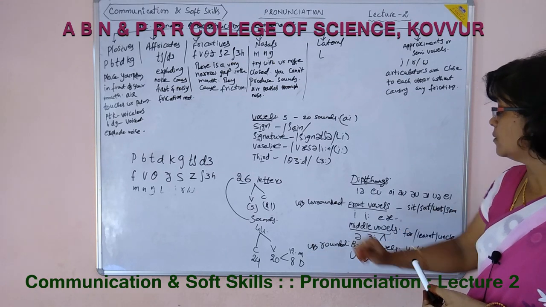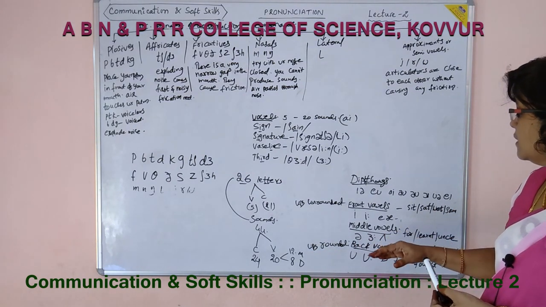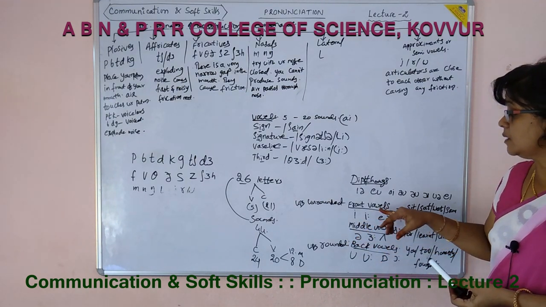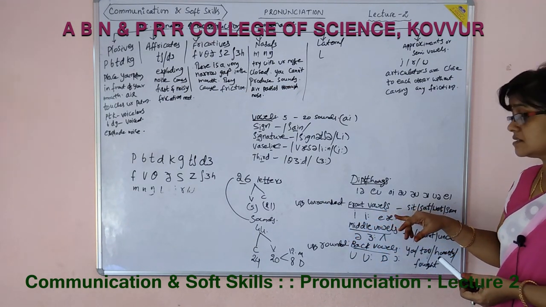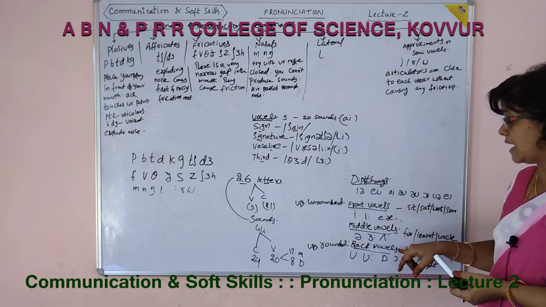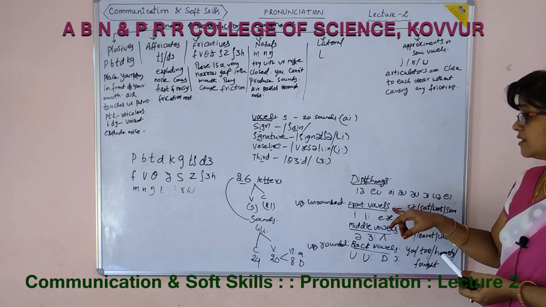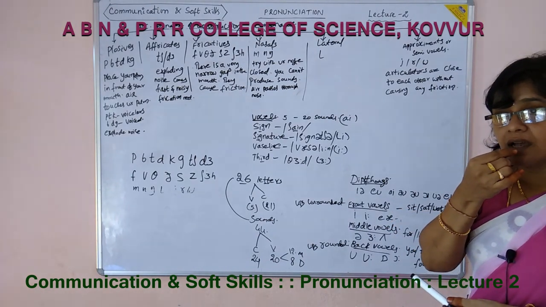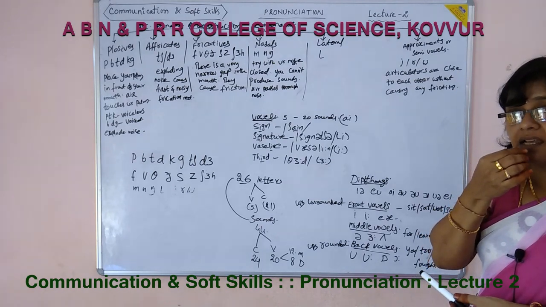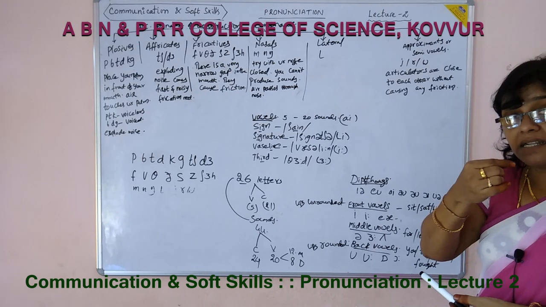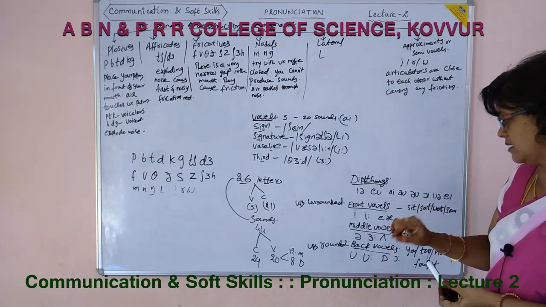Those 20 sounds are divided into diphthongs and monophthongs. And monophthongs, the single vowel sounds, can again be divided into 3 parts: front vowels, middle vowels, and back vowels. What do you mean by front vowels? It means that we utter with the first part of the tongue, the central part, that is the middle part, and the back of the tongue.